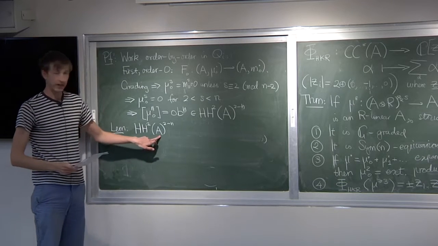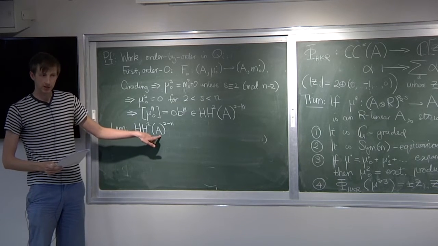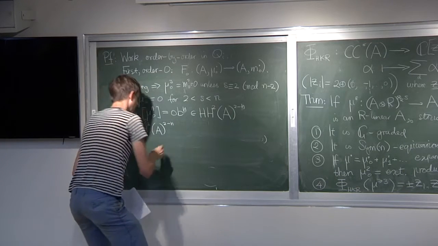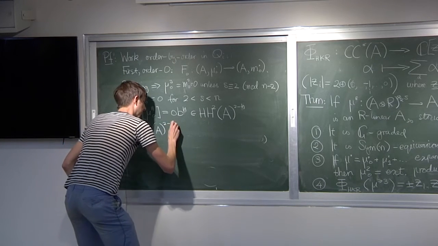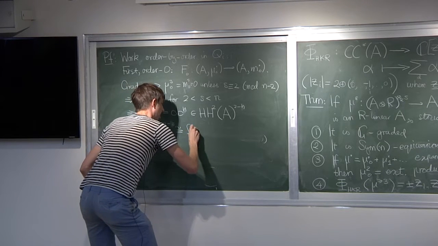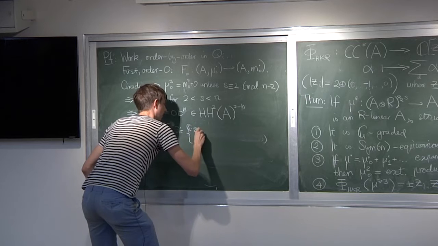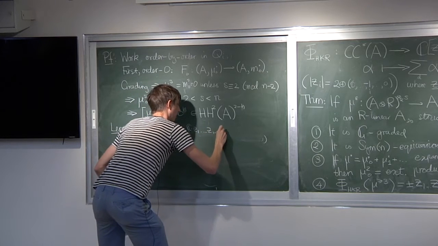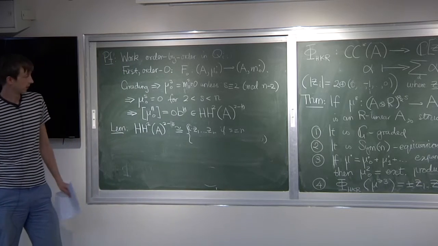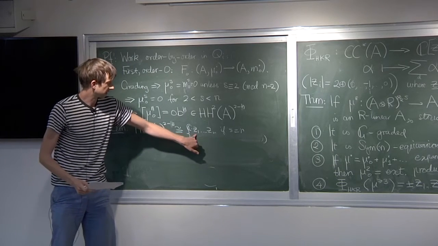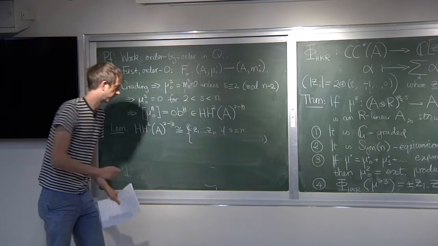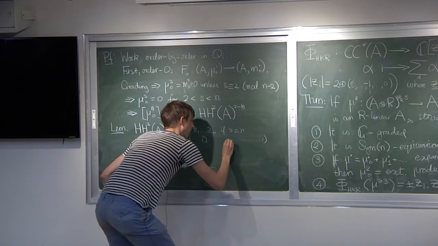So again, we know what the Hochschild cohomology of this guy is by our Hochschild-Kostant-Rosenberg isomorphism. And we can compute that it's generated by this product of the coordinates z1 through zn when s is equal to n, and is 0 else.